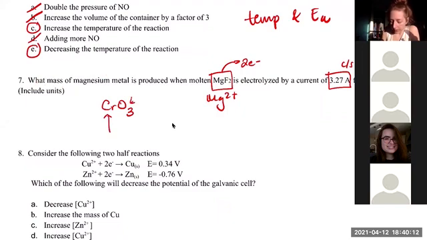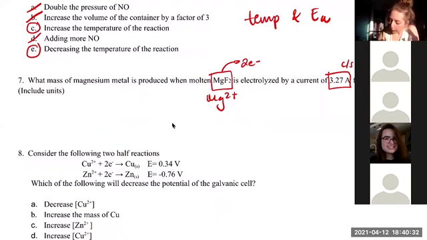This would have a -6 charge because we have 3 oxygen, each of them with a charge of -2. That must mean chromium is a +6 charge if this overall is 0. We would need 6 electrons in that case. But here we're only dealing with 2.